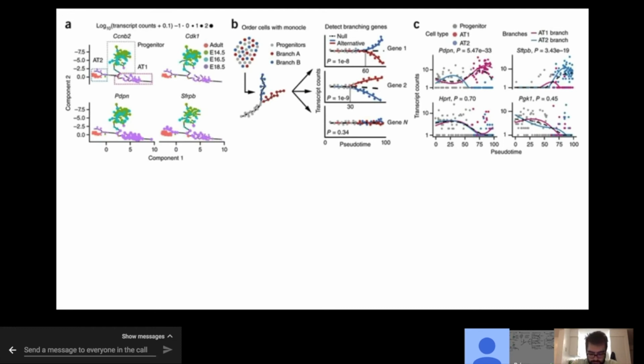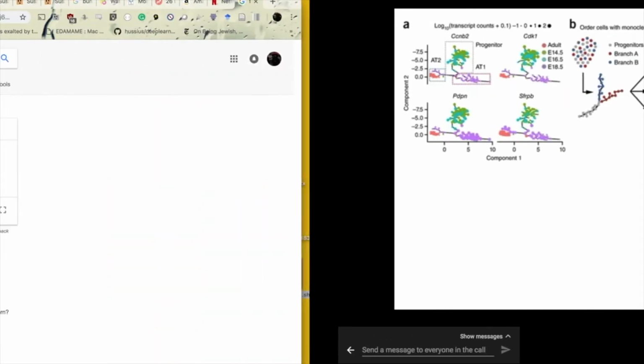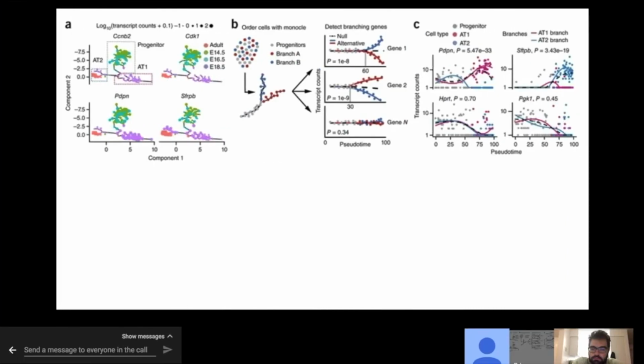Monocle 2 chose to go towards what's called a vector generalized linear model. The way to think of that is basically a generalized linear model that makes fewer assumptions about the negative binomial distribution. So from the get-go, it can handle lots of zeros.